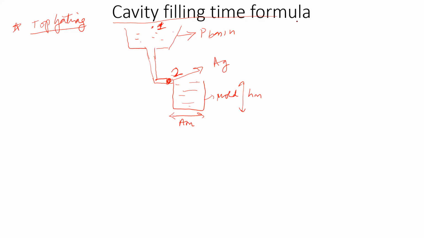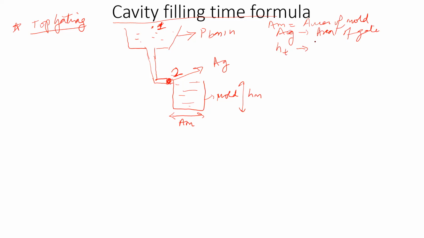So I will write all the denominations. AM is the area of mold. AG here is the area of gate. So this is the gate, AG, at the second point.